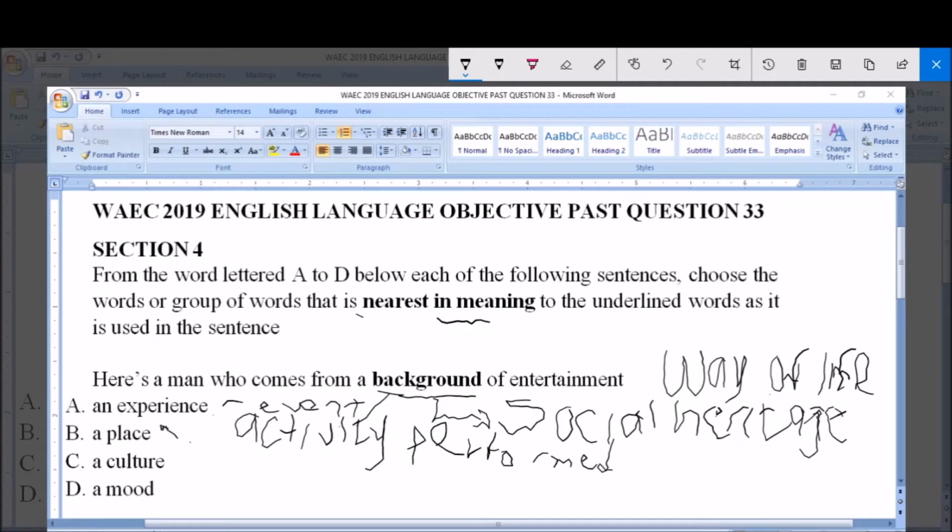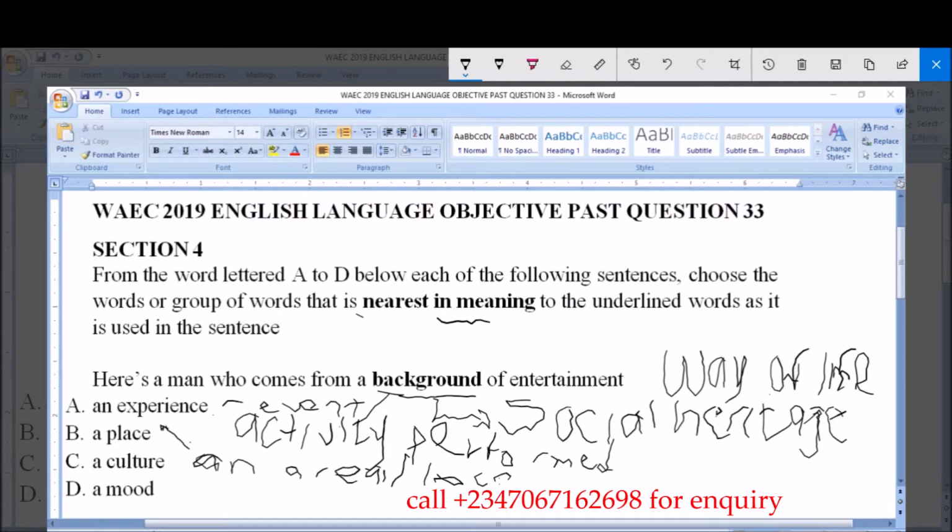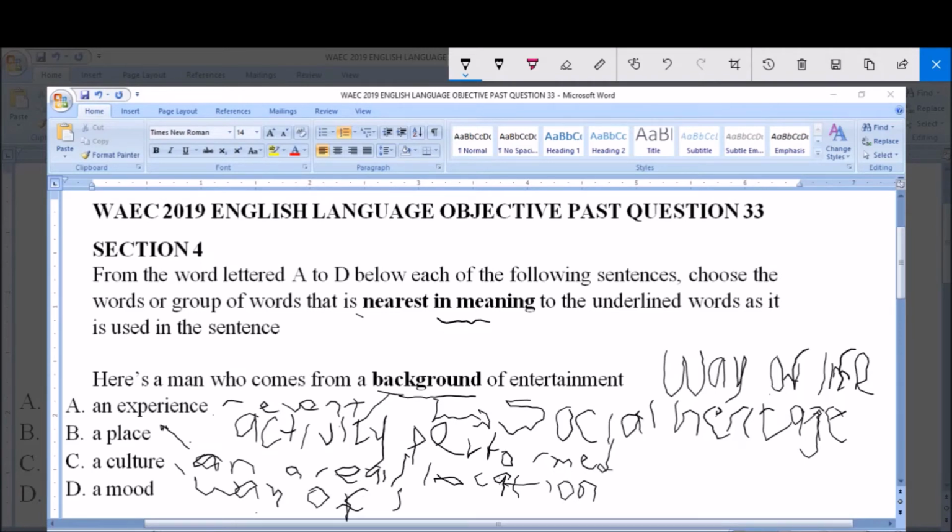A place is best described as an area or location. An area or a location. Now, a culture is best described as a way of life.